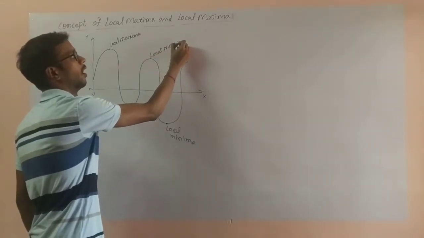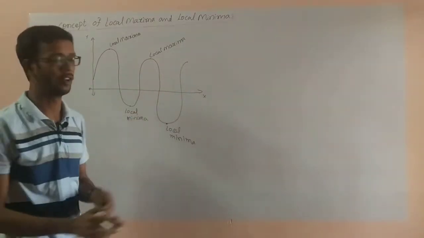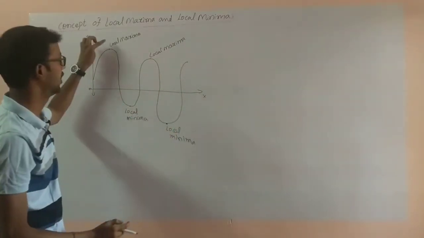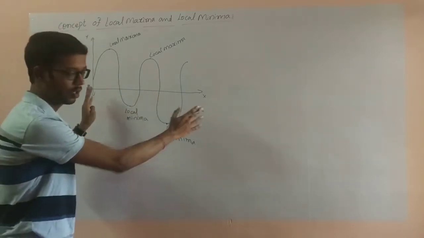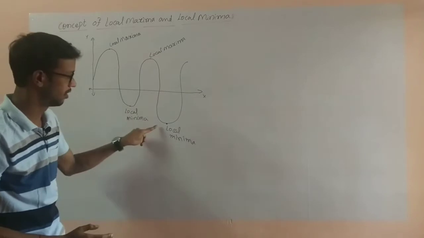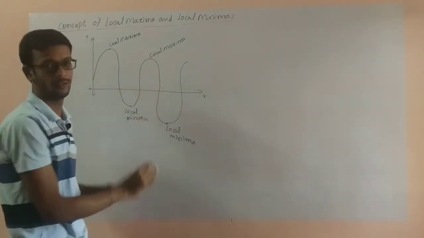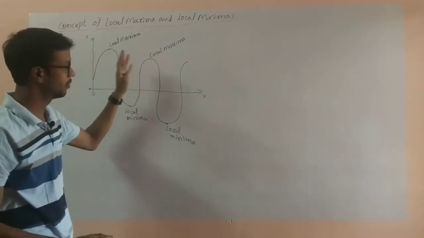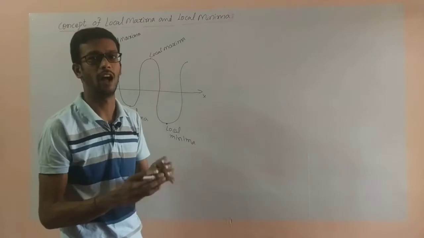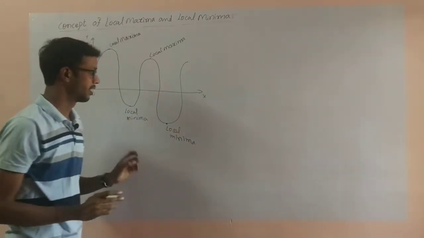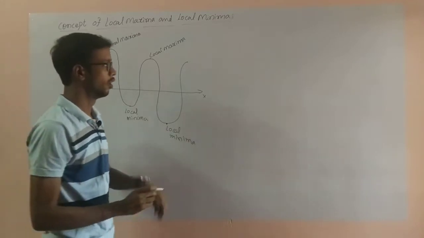If we take the total interval, this is a maximum. This is a maximum. If we take the total interval, this is a minimum value. If you take sub intervals, some parts, this is also a maximum, this is also a maximum. So these are local intervals only, not global. So this is the concept of maxima, local maxima and local minima.